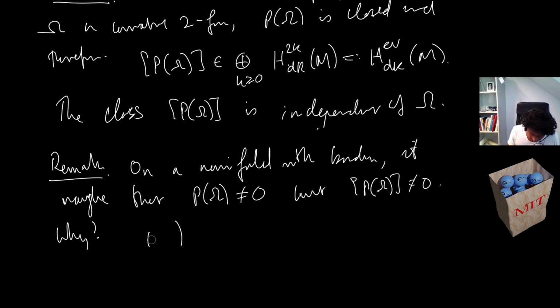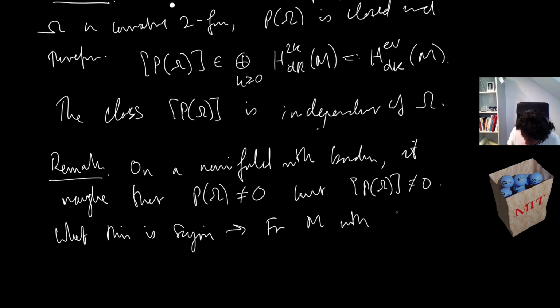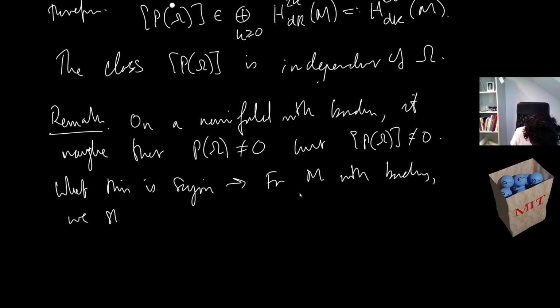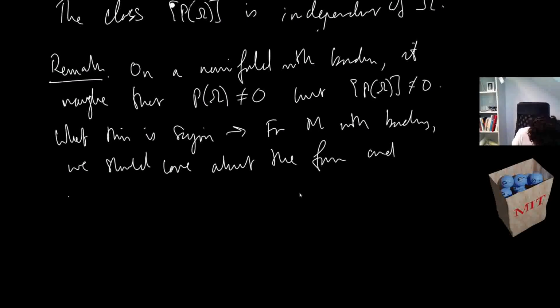So what this is saying is that for M with boundary, we should care about the form and not just the class. Okay, so that's really just what I want to say.